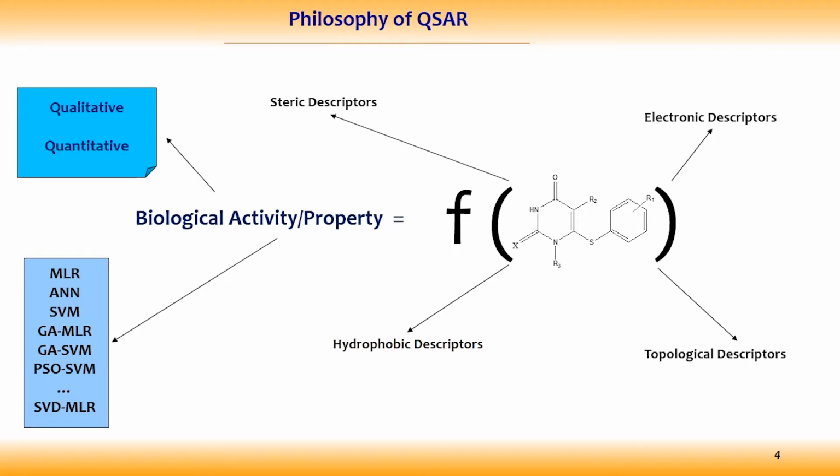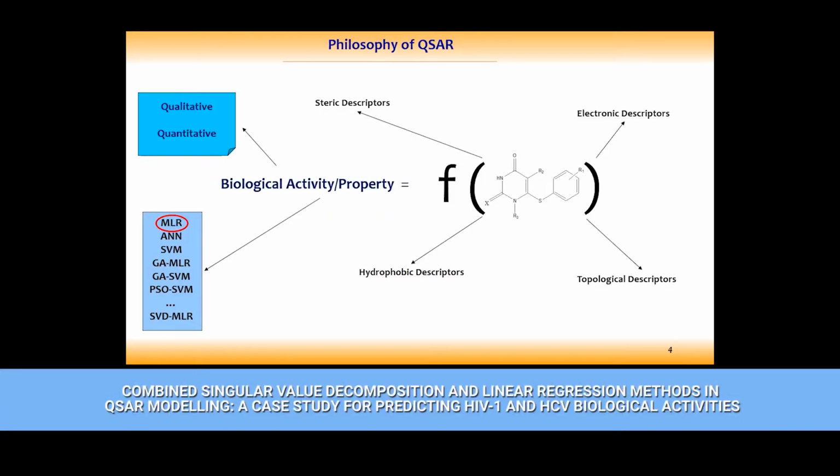Usually we have the multiple linear regression, the artificial neural network, the support vector machine, and there are also some combined methods such as genetic algorithm-multiple linear regression and particle swarm optimization-support vector machine methods. And here we will try to use the singular value decomposition method combined with the multiple linear regression method.